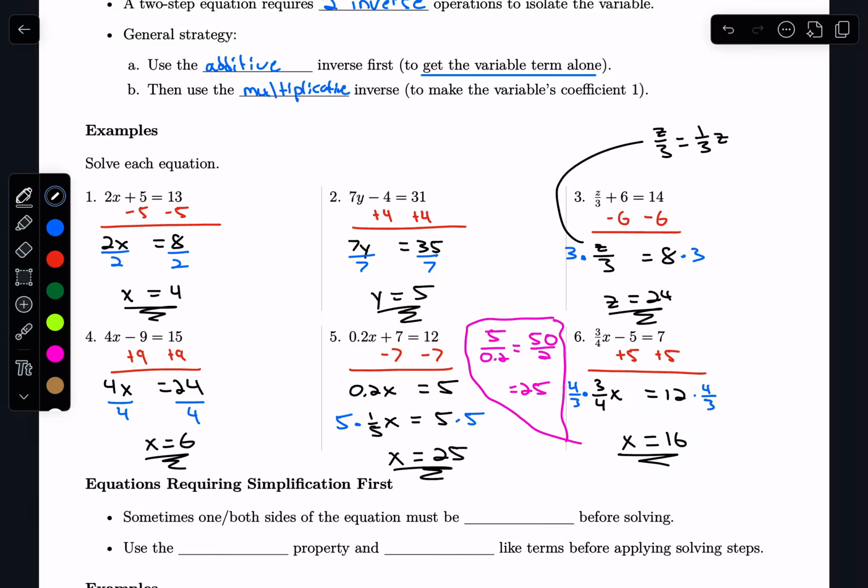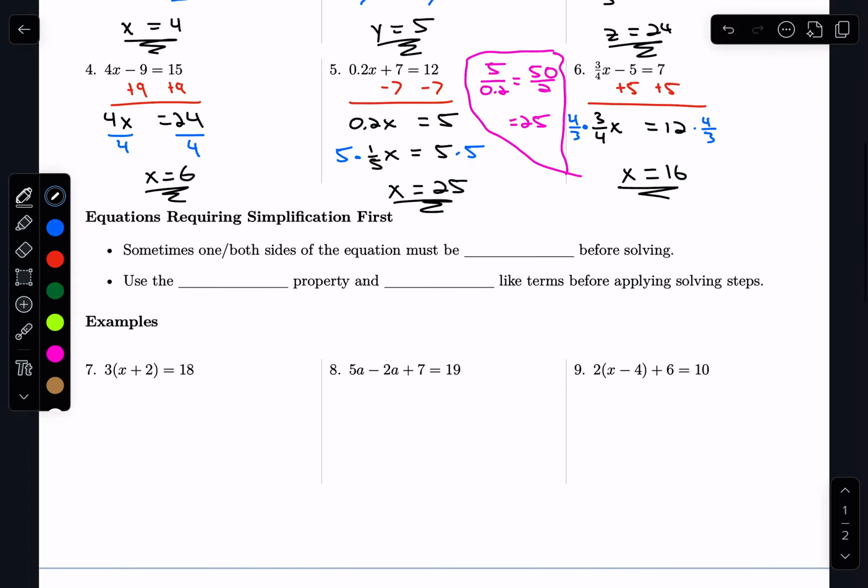Not so bad, hopefully. Now we're going to make it a little bit more complicated by bringing in some of our other properties. So many equations, almost all the ones we deal with in general, are going to require some simplification before we can go ahead and apply the steps we just did. So sometimes one or both sides of the equation are going to have to be simplified before we start solving.